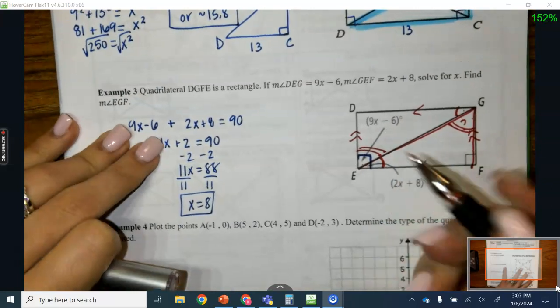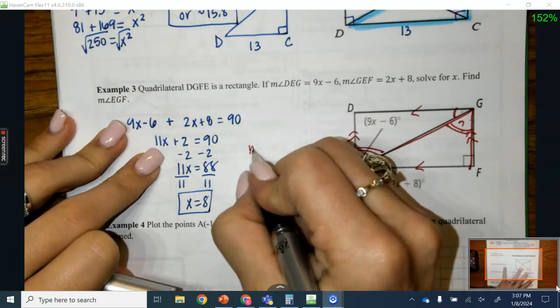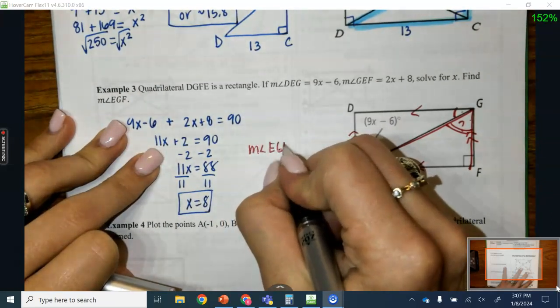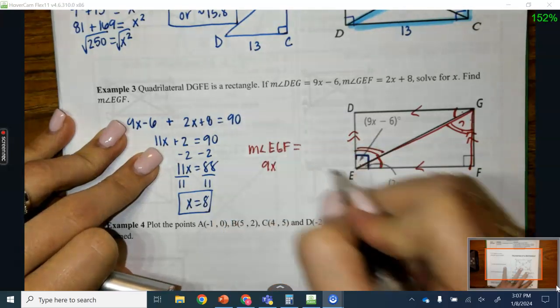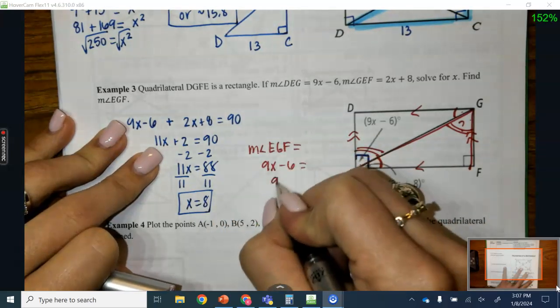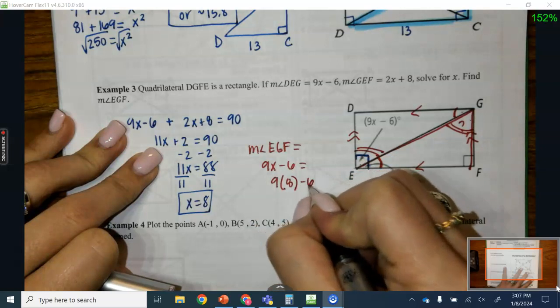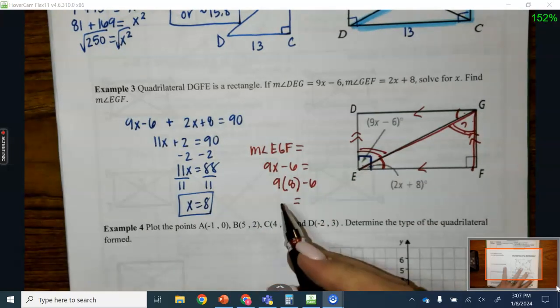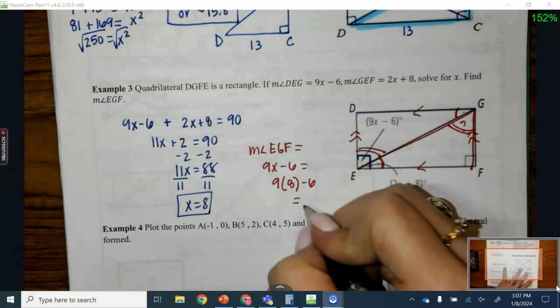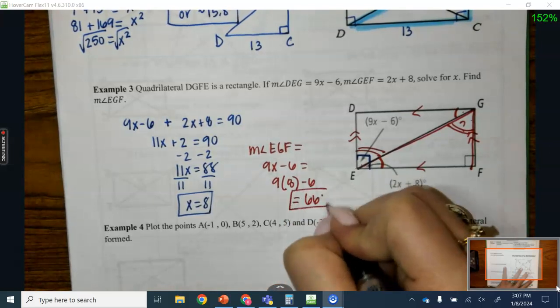So I need to figure out what is 9 times x minus 6. So the measure of angle EGF would be equal to 9x minus 6, which is 9 times 8 minus 6. Okay, so that's 72 minus 6, or 66 degrees.